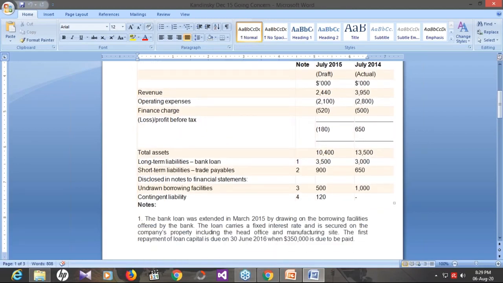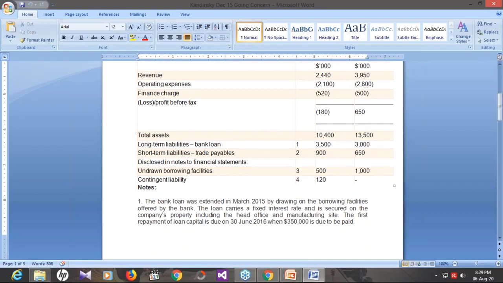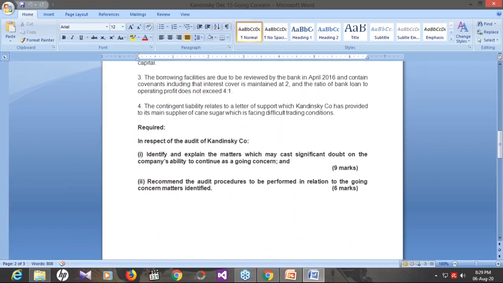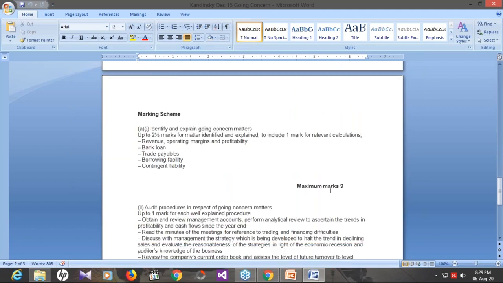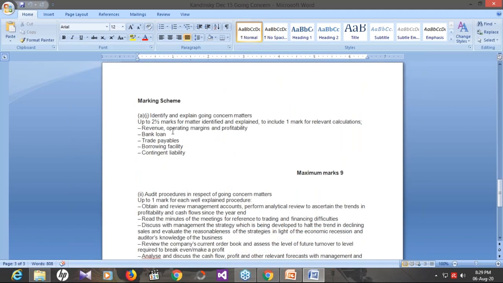So headwise, you need to write 2 to 3 procedures for each area, and you can write 12 procedures for 6 marks easily. You can see there are 6 marks allotted to this requirement, so you can write it. If we go towards the marking scheme, you can see revenue, operating margins and profitability issue up to 2.5 marks per area.